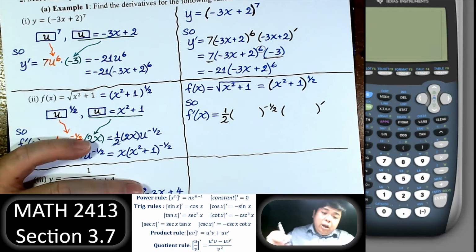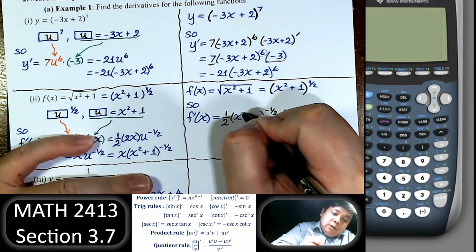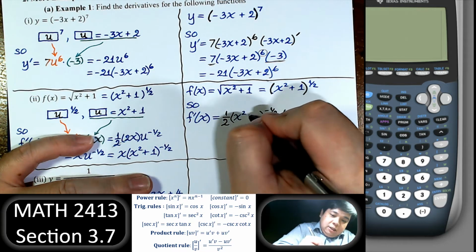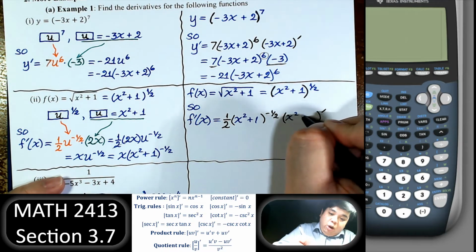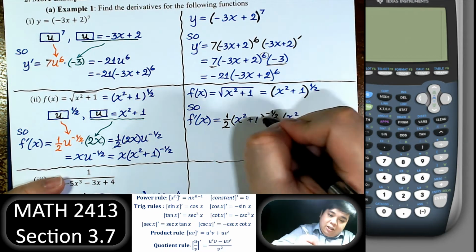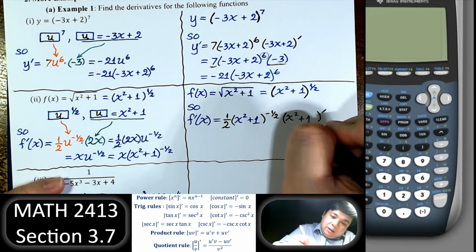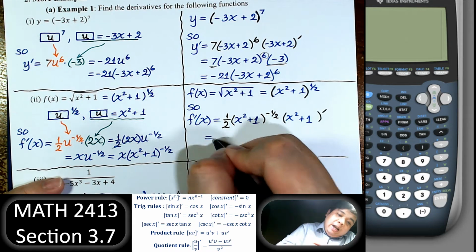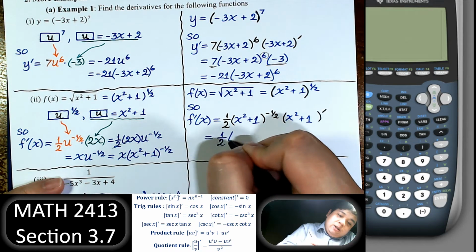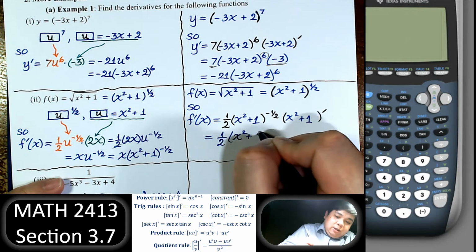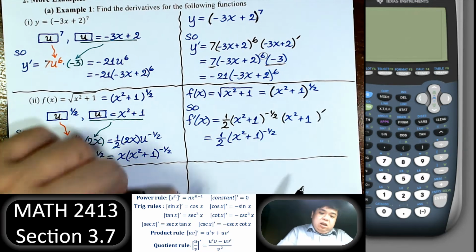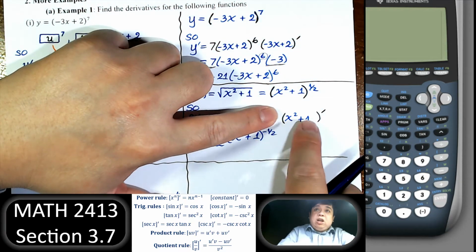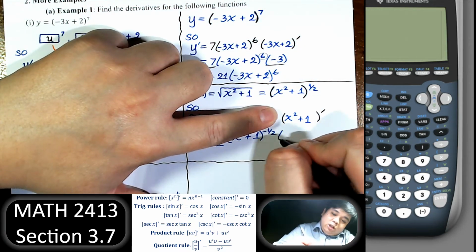So in that case, x squared plus 1 inside the parentheses, and then we have 1/2 times x squared plus 1 to the negative 1/2. Derivative of the parentheses. Right after this step, we just need to take the derivative inside, which is 2x.